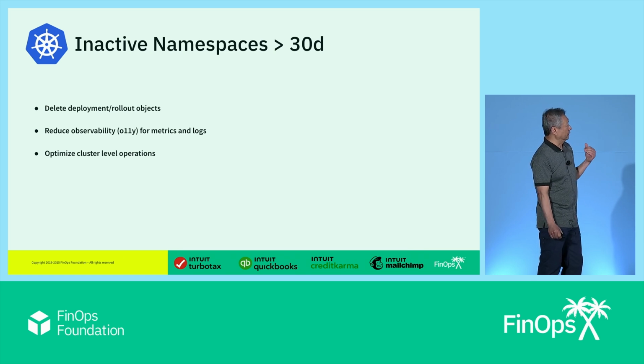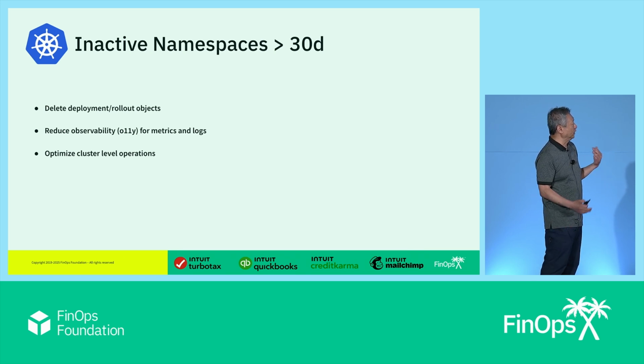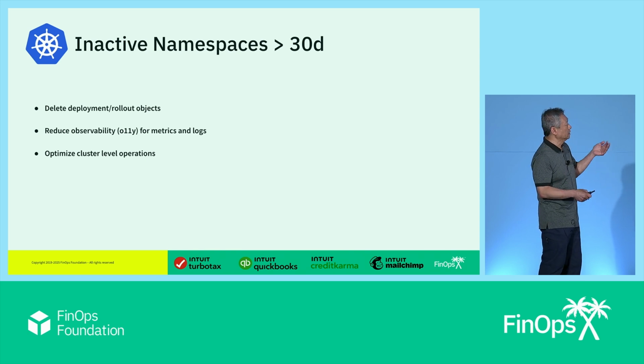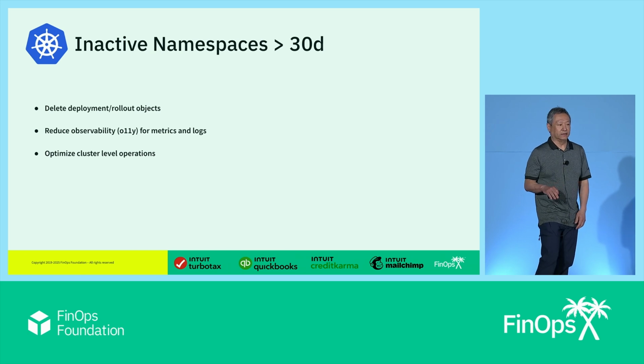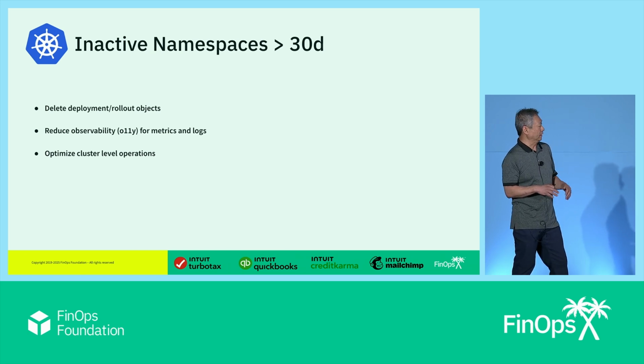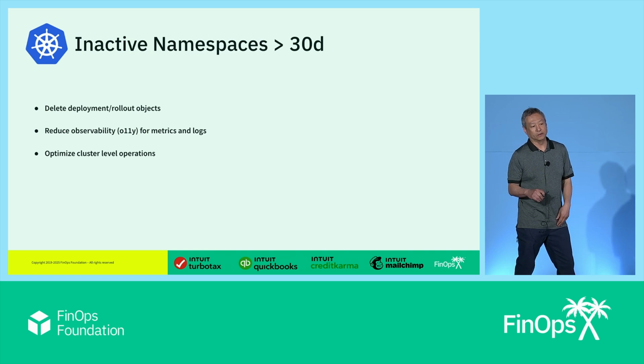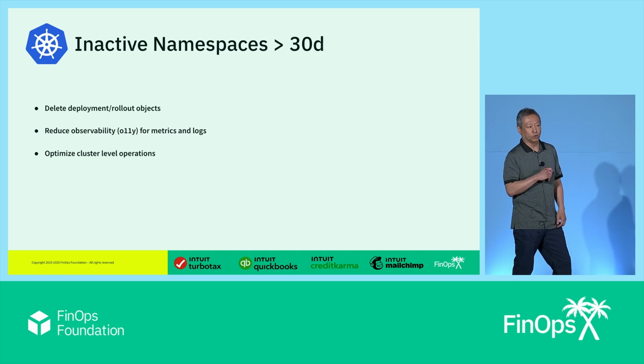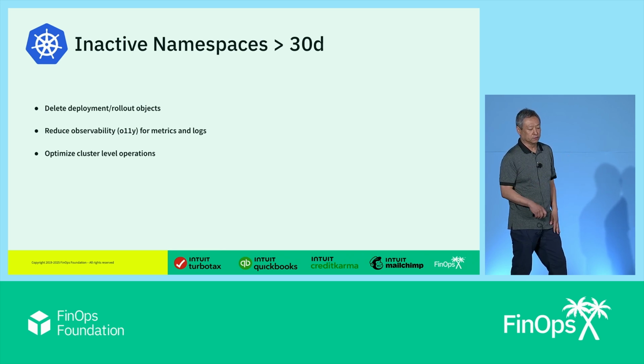By deleting the deployment and rollout objects, there's really no need for the namespaces to have any observability, so we're saving money on the metrics and logs as well. And by deleting the inactive namespaces, we're optimizing our cluster level operations, which means we only need to manage namespaces that are actually active, and there's no overhead of managing things we don't need to worry about.